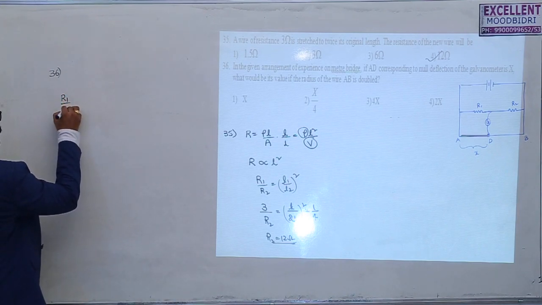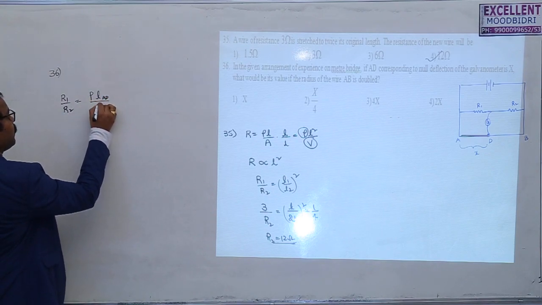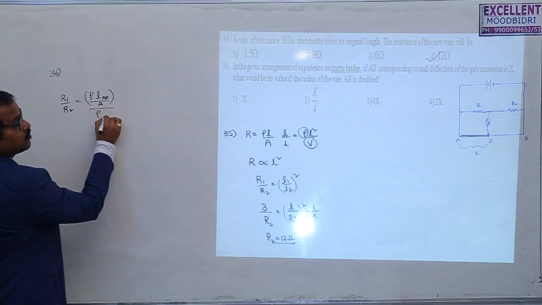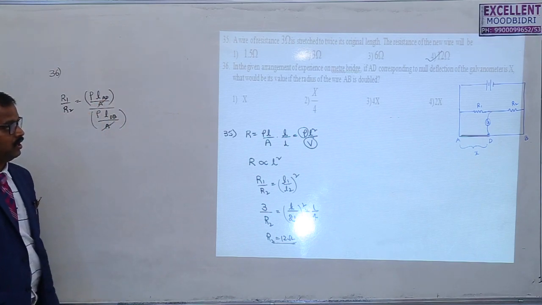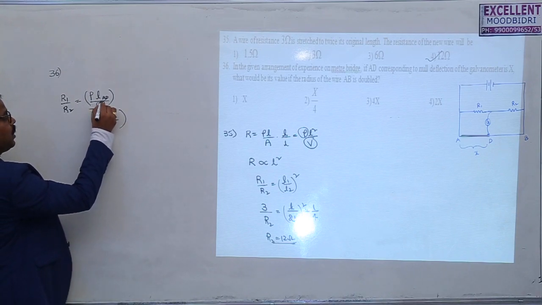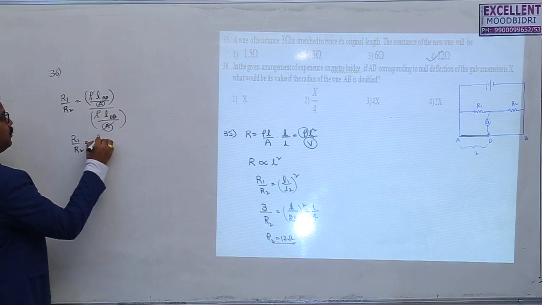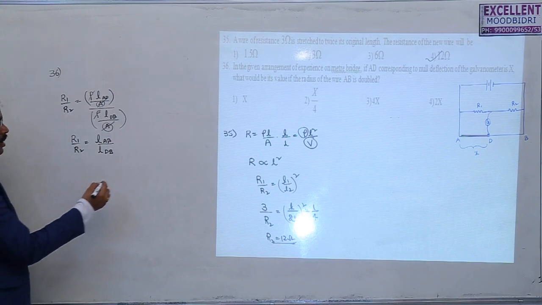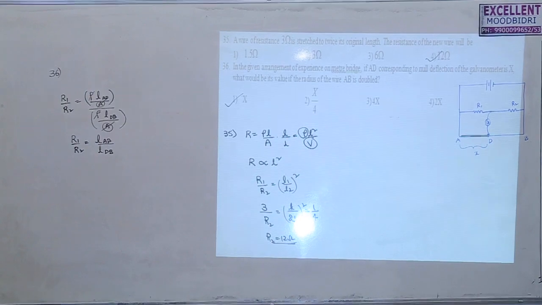We know that R1 by R2 is equal to rho length between AD by A, this is the resistance between AD, by resistance between DB, rho length by A, where A is the cross sectional area. So here if the radius of the wire is doubled, area gets cancelled, rho gets cancelled. So R1 by R2 only depends upon the length of the wire but not on the radius or the area. So here also the balance remains as X only.